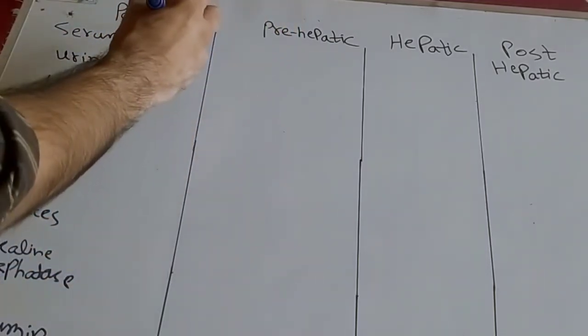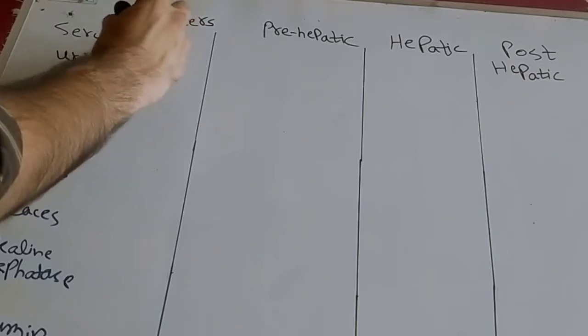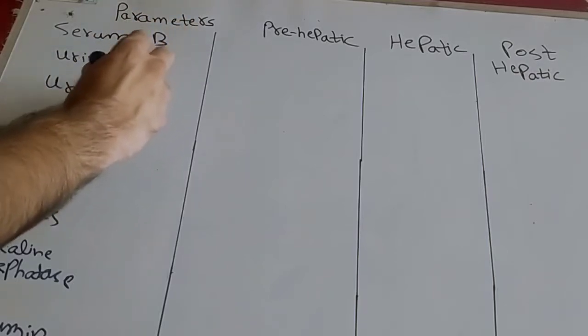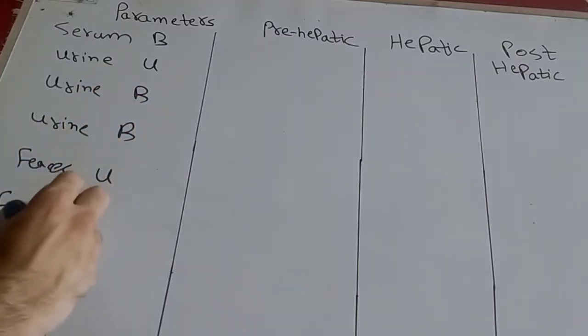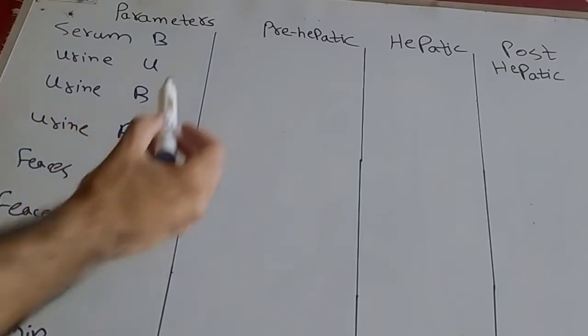So first of all, just writing the abbreviations. This is like "babu", this is "babu fats". Now what is this babu fats?